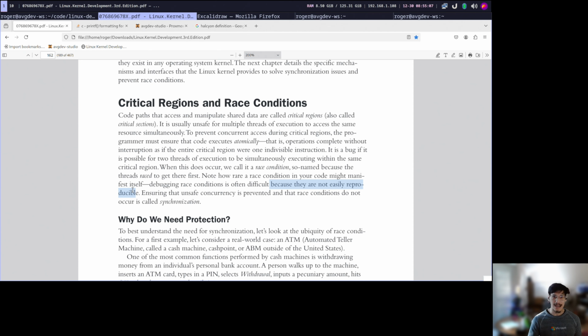You even run into cases where you decide to go on a debugging session, and you start adding logs all over the place to try and track this race condition.